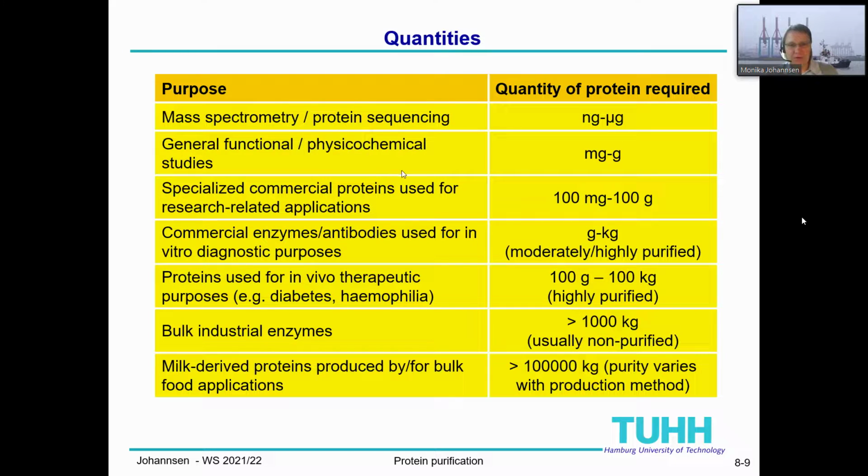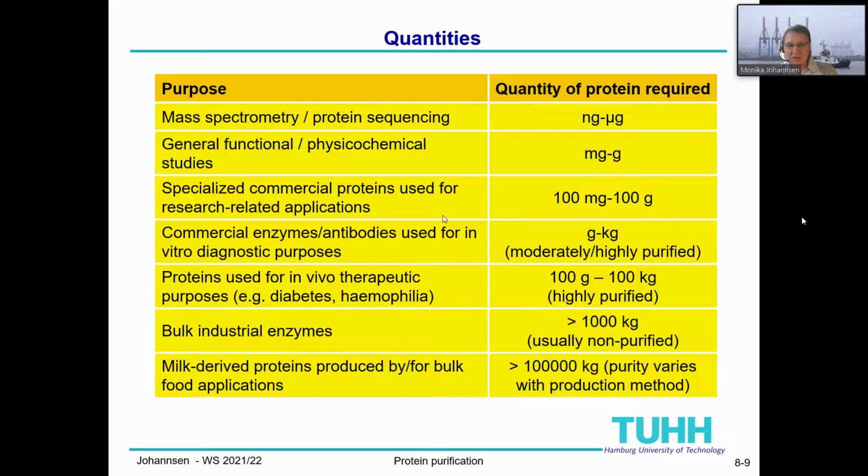If we want to do further functional or physical chemical studies, we might need a few grams. Then if we already come to the commercial area, for very specialized proteins, usually only a few grams are necessary.